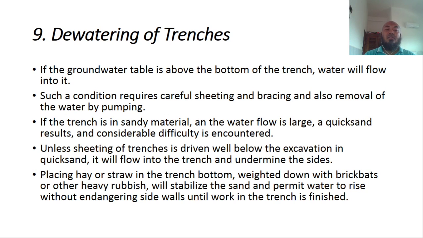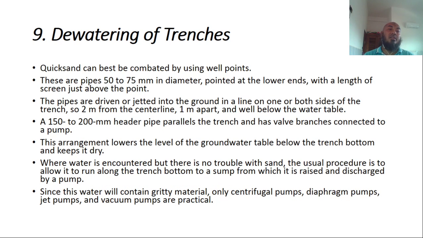Placing hay or straw in the trench bottom, weighted down with a brick bed or other heavy rubbish, will stabilize the sand and permit water to rise without endangering a side wall until work in the trench is finished.